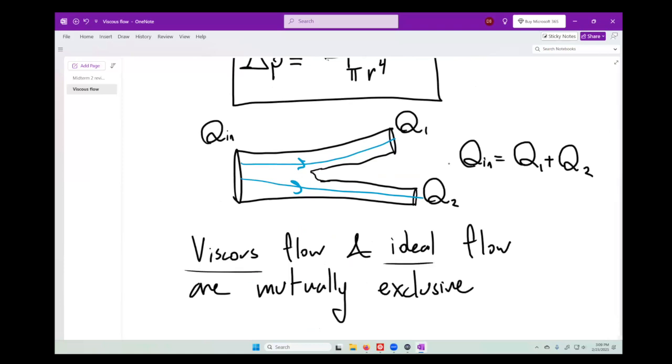There are two kinds of flow that we've studied in this class: ideal flow, which is the one where Bernoulli's law applies, and viscous flow, which is the one where Poiseuille's law applies.